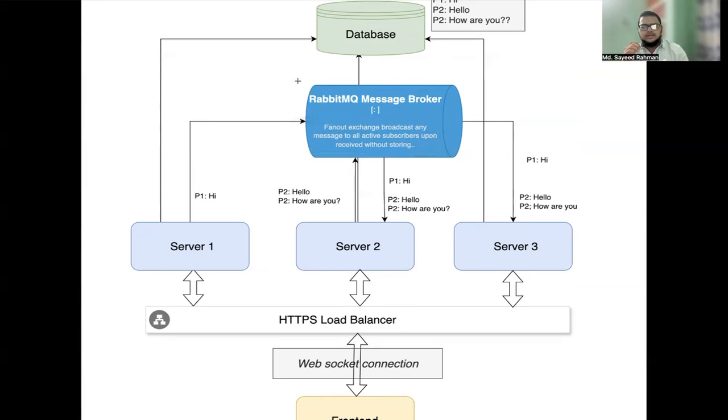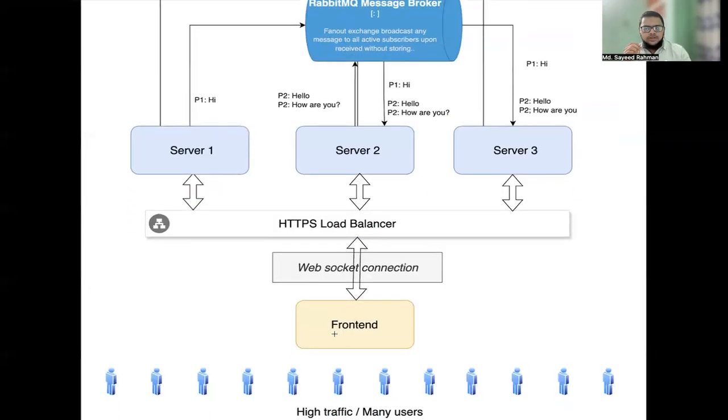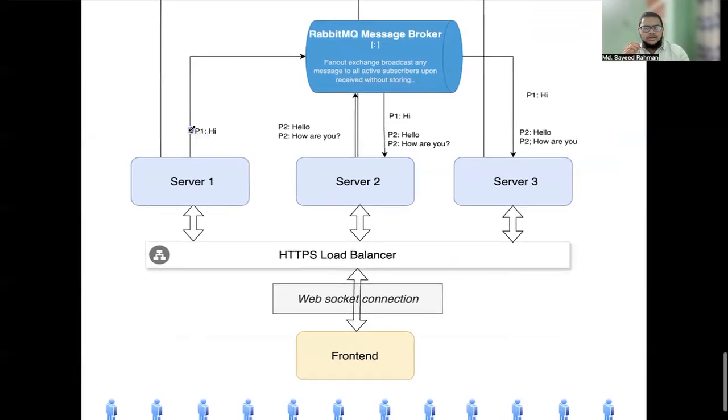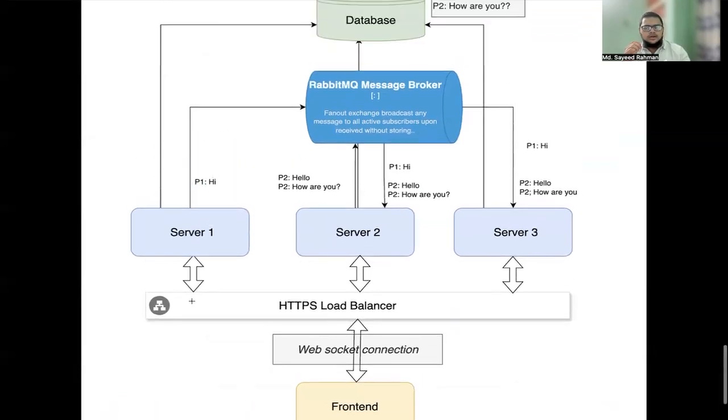What fanout does is, whenever the RabbitMQ fanout exchange receives a message, it instantly propagates the message to all the available subscribers. So when the front end sends server 1 a message called hi, server 1 will send the message to the RabbitMQ fanout exchange.